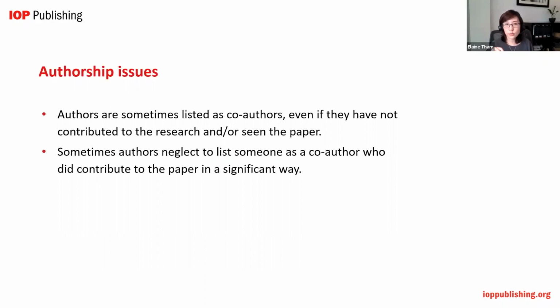This can include, but is not limited to, the background theory, design of experiment, device prototype, data analysis and interpretation, writing of the article or reviewing, and/or revising the text or figures. Other individuals who have contributed to the study in a lesser capacity should be acknowledged, but not necessarily cited as co-authors.